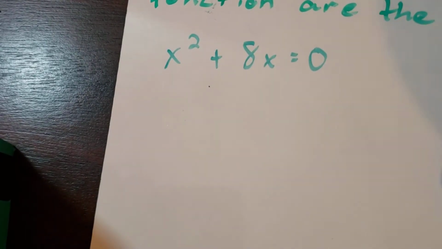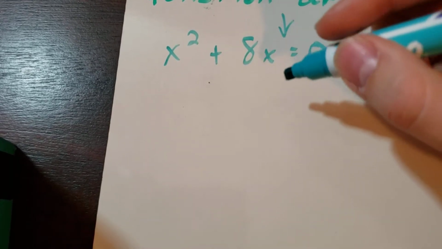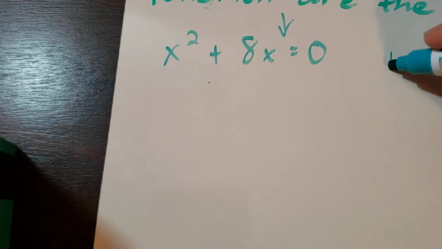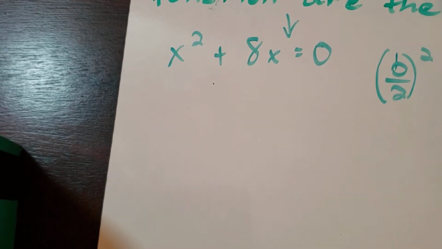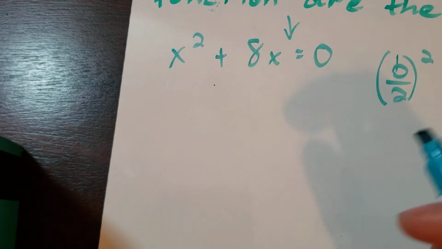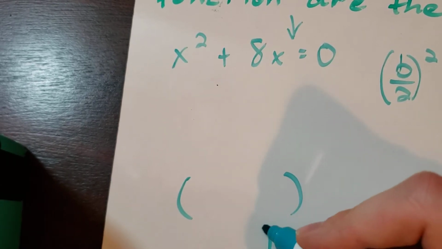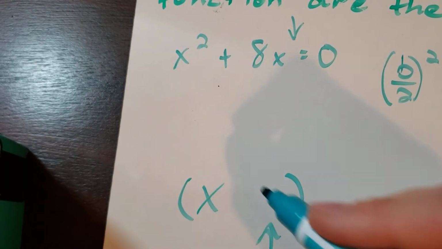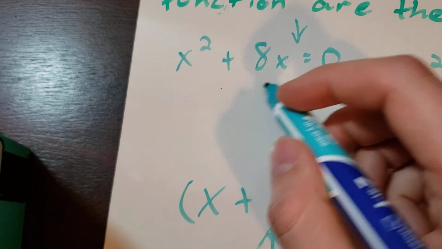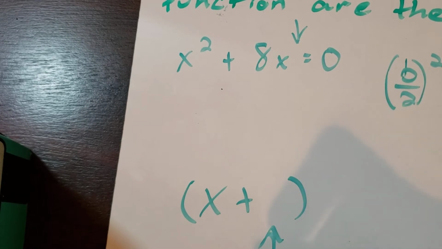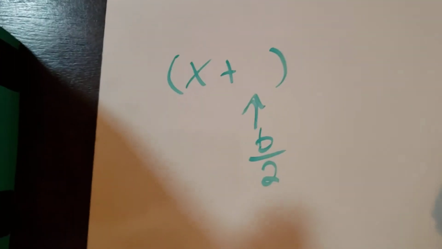Well, my c term here is going to be b over 2 squared. But my factor, when I get down to the bottom, it's going to be my variable, and it's going to be plus because I'm adding this second term, and it's going to be b over 2 in my variable.